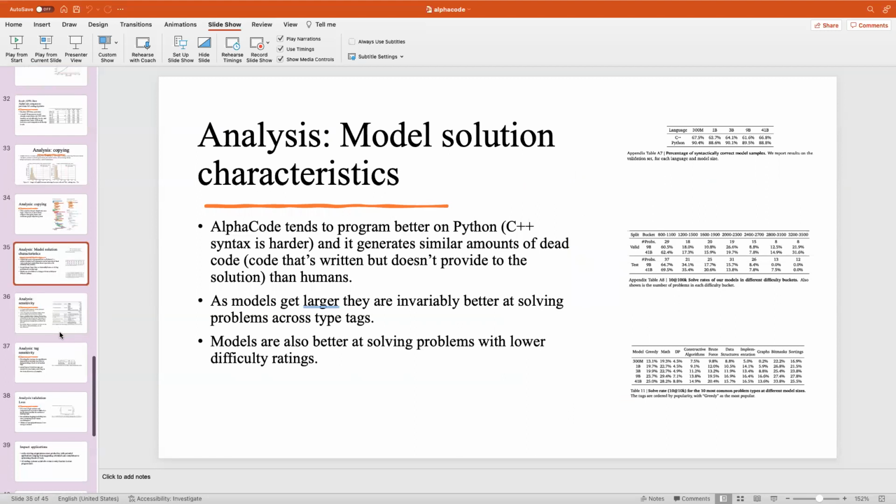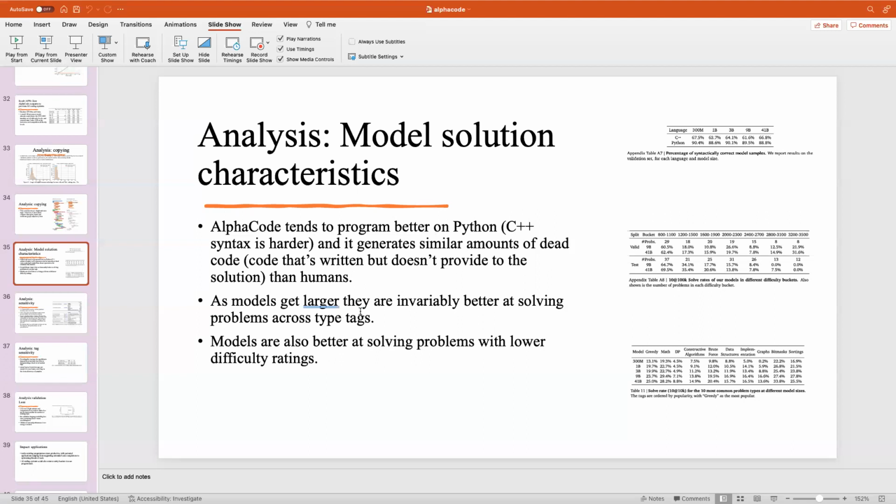And also the authors also analyzed the model solution characteristics. So we gave some analysis in the appendix to compare the outputs. So they claim AlphaCode is better on Python compared to C++, maybe because C++ is harder in syntax, and it still generates some of that code, but that has a similar percentage as humans.